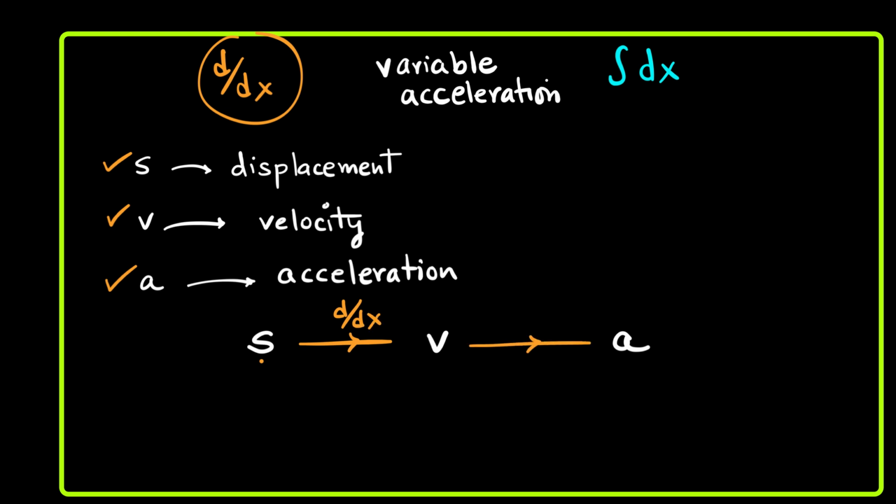If we differentiate the velocity equation, we will get acceleration. Now, what about integration? If we integrate acceleration, we will get velocity. If we integrate velocity, we will get displacement.